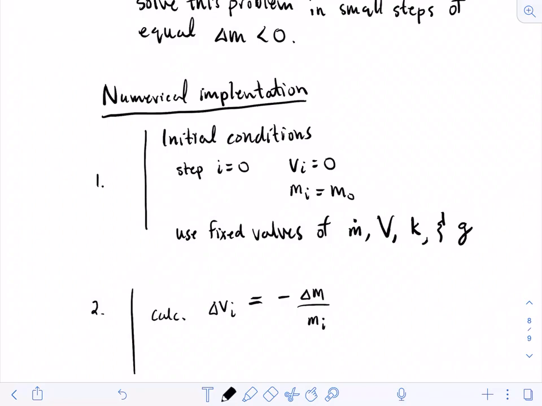Again, we're going to assume that the change in mass is so small for each individual step that we can treat m_i as a constant. So then we would multiply by capital V, and then subtract off delta m over m dot times g plus k over m_i times v_i.